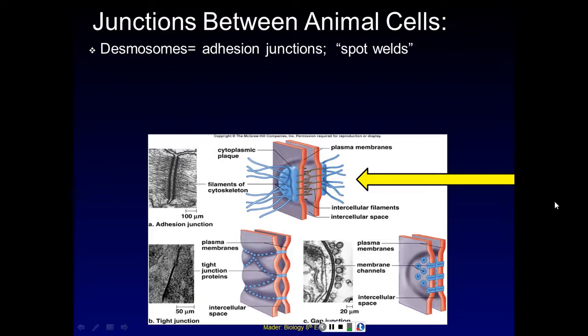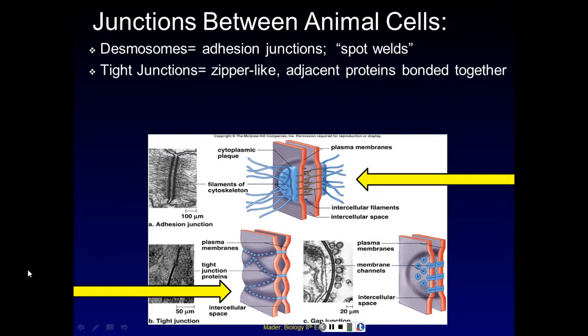Some cells, like the example down here in the corner, need to be held tightly together because they're under some type of force or stretching. Those are held together by tight junctions. These are zipper-like. You've got adjacent proteins between the two plasma membranes bonding them together. If you were sewing, this would be like zigzag stitching two cells together.